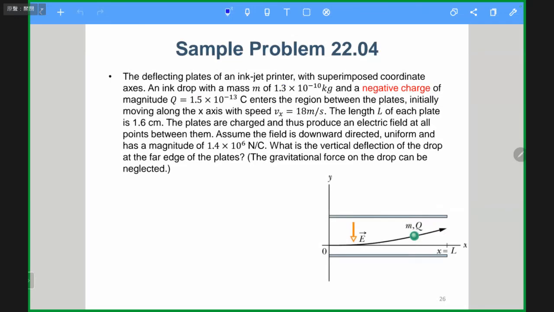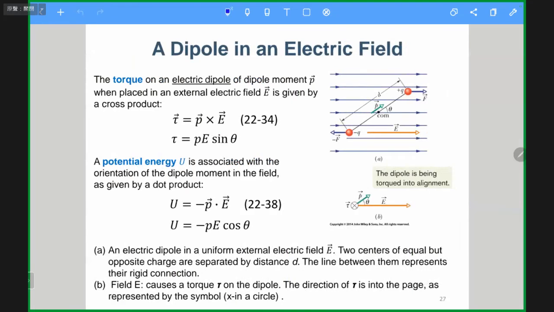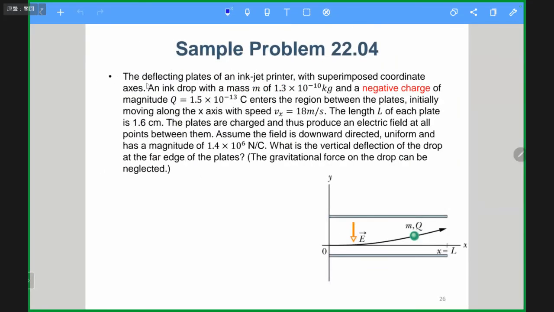And here we look at a simple sample problem about this one. It says the deflecting plate of an inkjet printer with a superimposed coordinate axis.